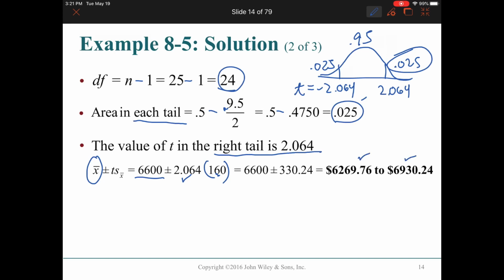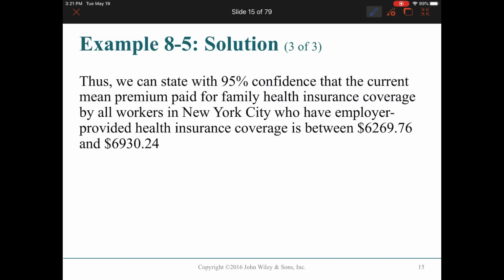So when you basically double the 160, you're up to 330. And now it's just a matter of adding and subtracting. Use your calculator, round to the nearest cent, 2 decimal places. That's the way business math always works, unless they say otherwise. And we're not going to say otherwise, so we expect that you will remember to round to the nearest cent.